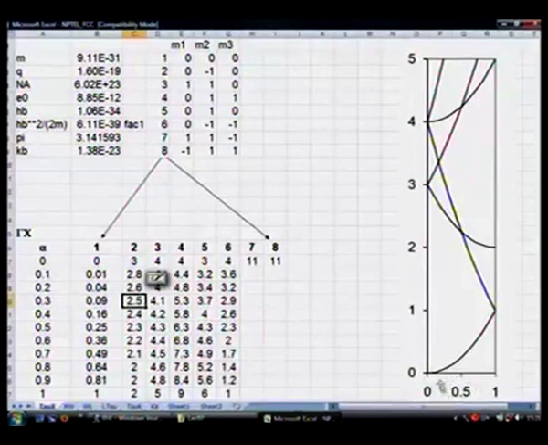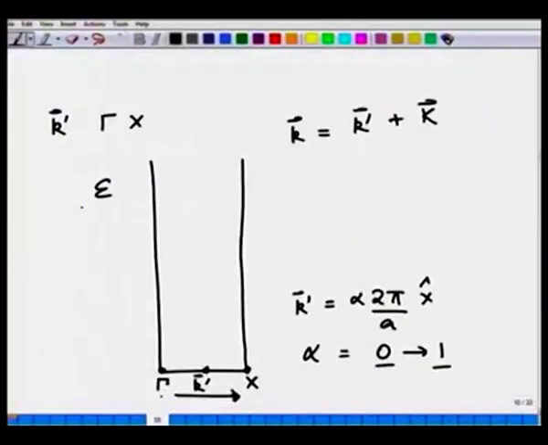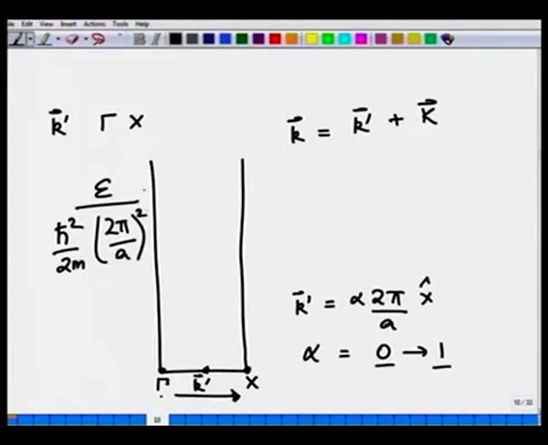This value of alpha I am plotting here, this says 0, 0.5 and 1, and this energy that I am plotting here, I show you the energy scale as energy divided by h square by 2m. This is the scaling I am using, nothing else, energy versus 2 pi by a whole squared.